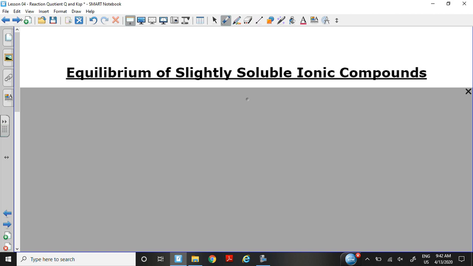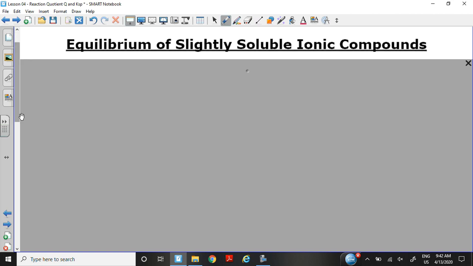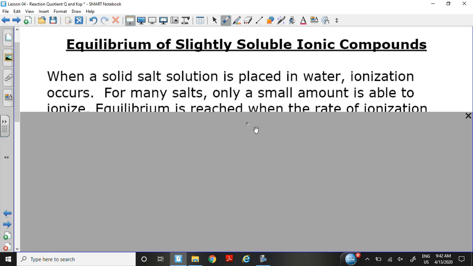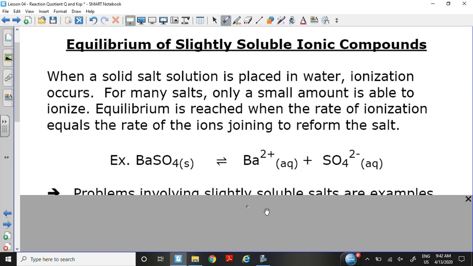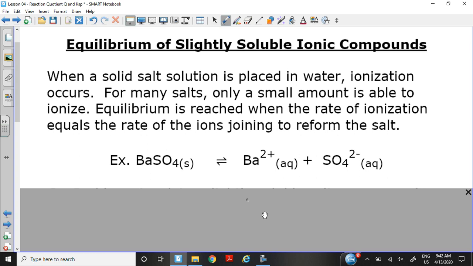And then there were a class of compounds you might have remembered that said slightly soluble, or very little bit will dissolve. So those ones work a little bit differently, and those are going to be the focus for what we learn about in grade 12. So that's where equilibrium comes in, and that's why we see that here.